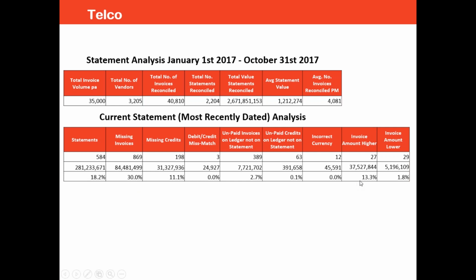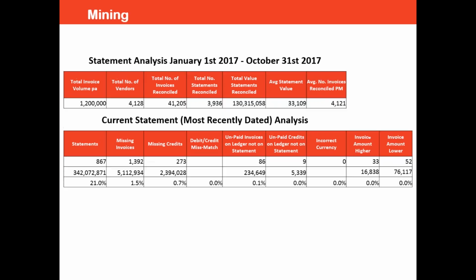The other interesting one is the invoice amount higher at the end. So this is where you've got invoices on your system which are at a higher amount than what the supplier is telling you on their statement. And it comes to a value of 37 million, which is 13% of the statement value in the system. So that's quite interesting.